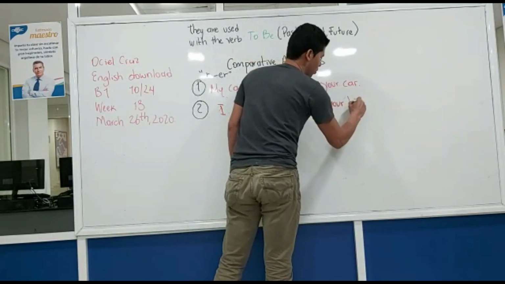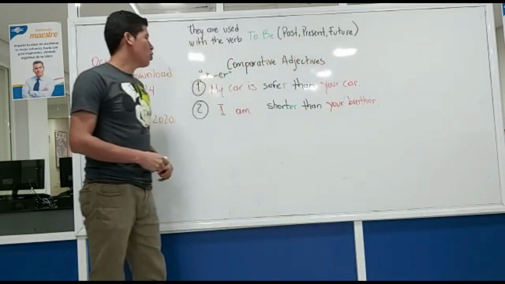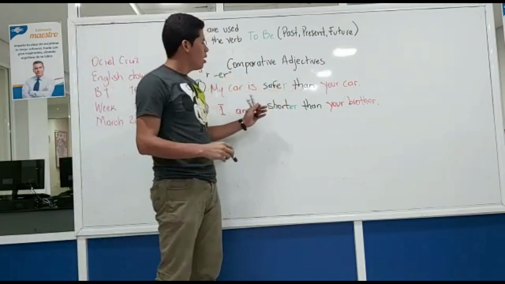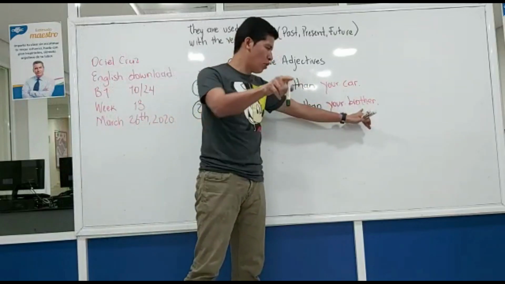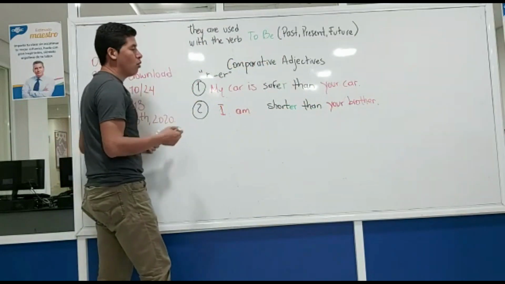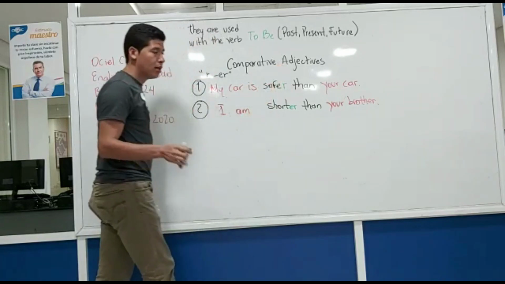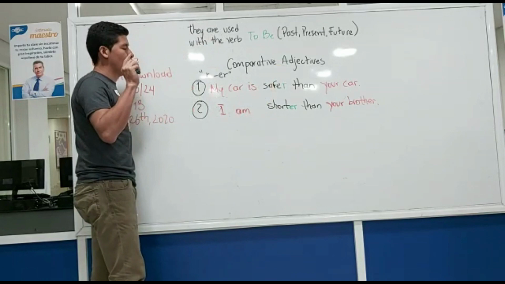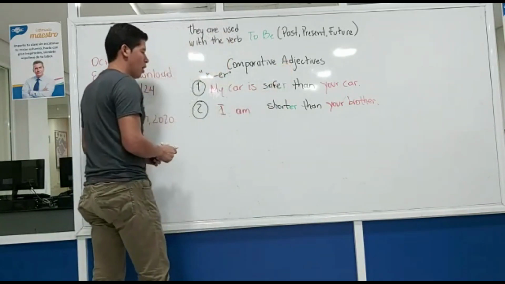I am shorter than your brother. This is the comparative form with me and another person, your brother. So this is what I always use with adjectives of one syllable or maybe two syllables in comparative adjectives.